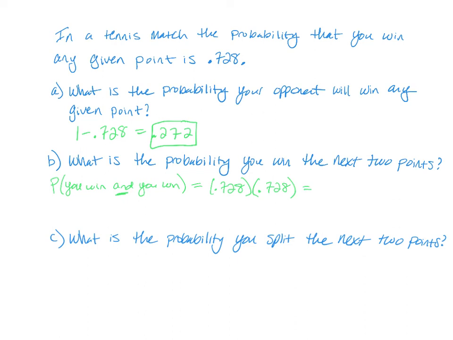So that is 0.5299. So we're just going to call it about 0.53. Use the squiggly equal signs because I'm rounding. It's approximately equal to 0.53. So there's like a 53% chance that you'll win the next 2 points in a row.